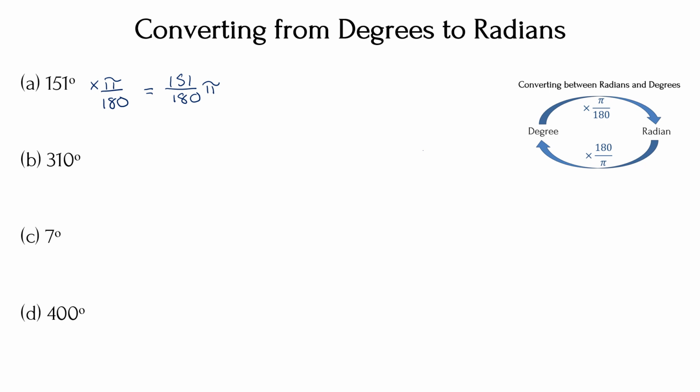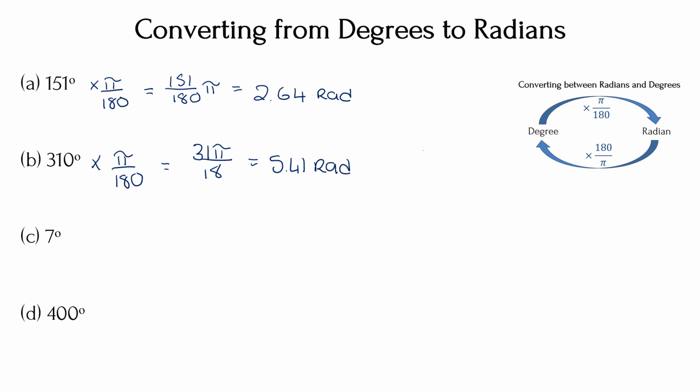But if you want to change that to decimal, which is absolutely fine to do, we would have 2.64 radians. So now let's do 310. So let's do 310 divided by 180 multiplied by pi. That gives us 31 pi over 18. And converting that to a decimal, 5.41 radians.